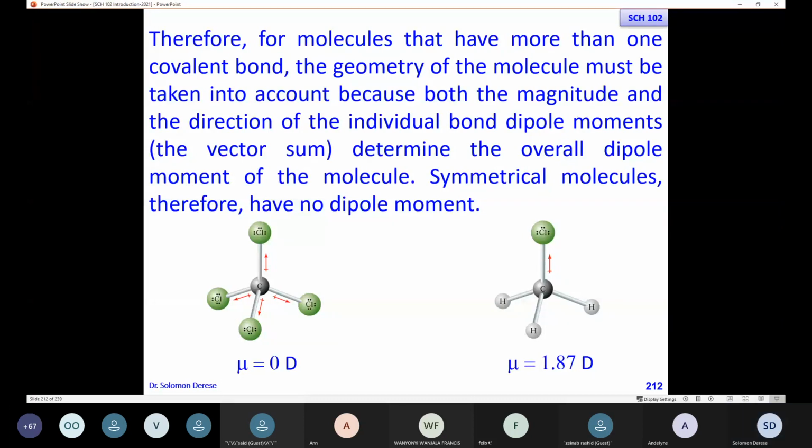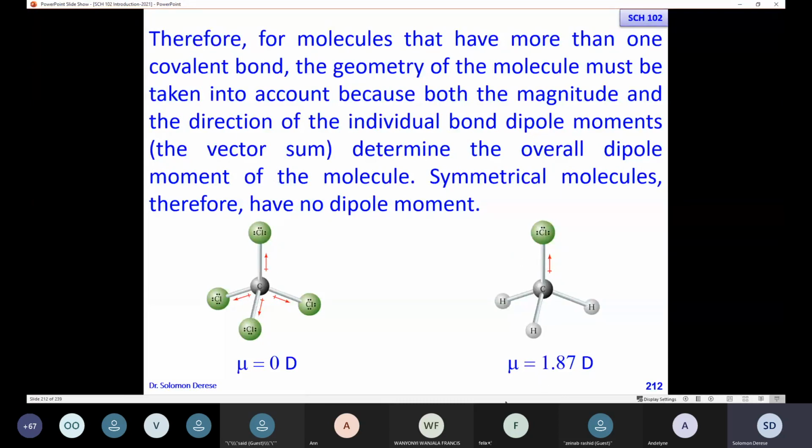That's why, despite the fact that we have 4 carbon-hydrogen bonds that should potentially contribute 0.4 each towards the dipole moment of the molecule, some of them cancel out. That's why the dipole moment of this is less than the total sum of the bonds.